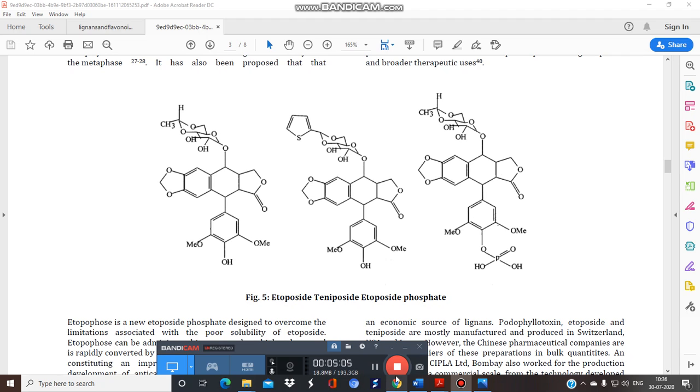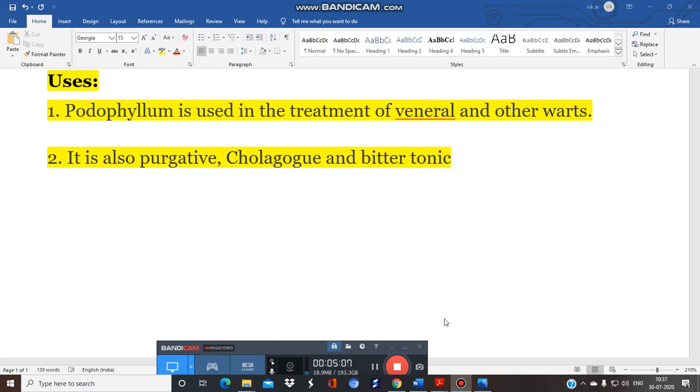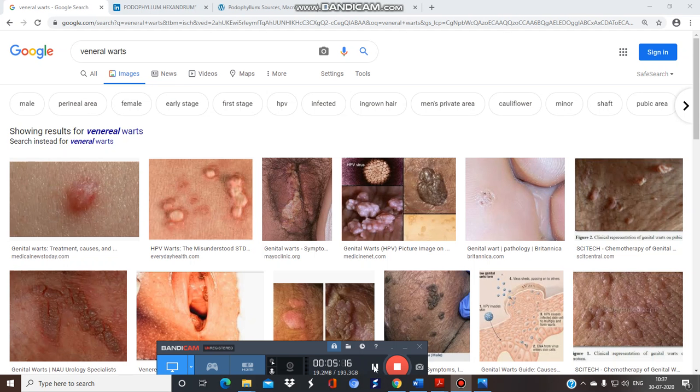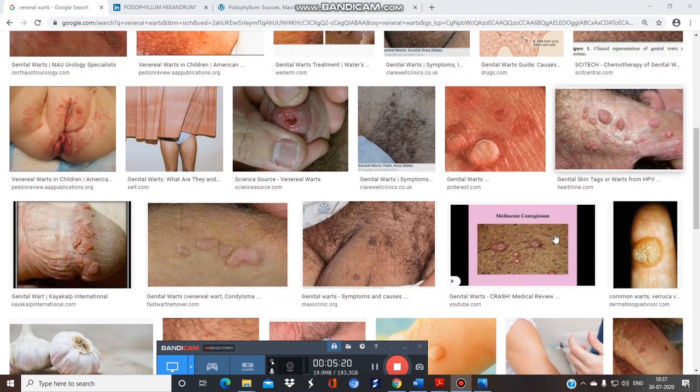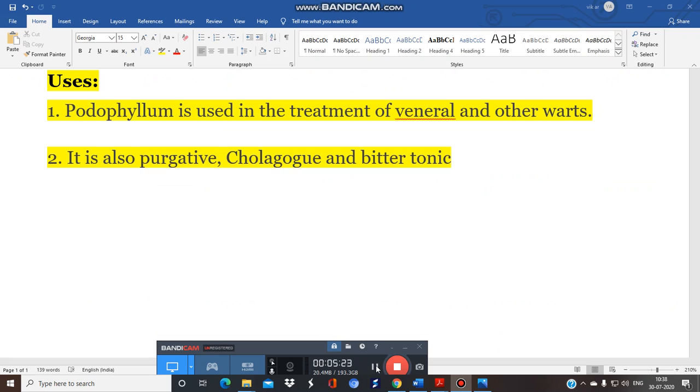So let's talk about the uses. Because of its cytotoxic action, podophyllum is used in the treatment of venereal and other warts. Just see here the images of warts. These are the various types of warts. It is also used as a purgative, cholagogue, and as a bitter tonic.